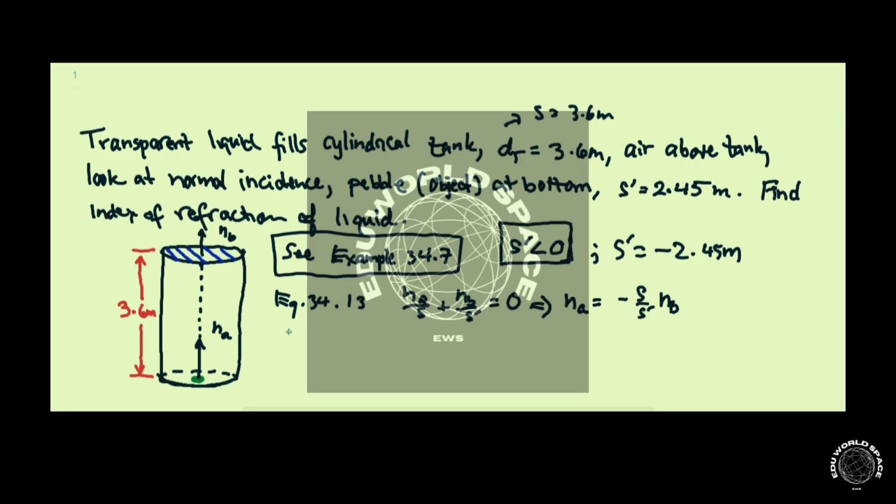So Na is equal to minus S, which we know is 3.6 meters, over S prime, which we know is negative 2.45 meters, and of course NB, we're told that there's air above the tank, so that's just 1. So times 1. Now notice that we have a positive number here, and the answer that we get is 1.47.